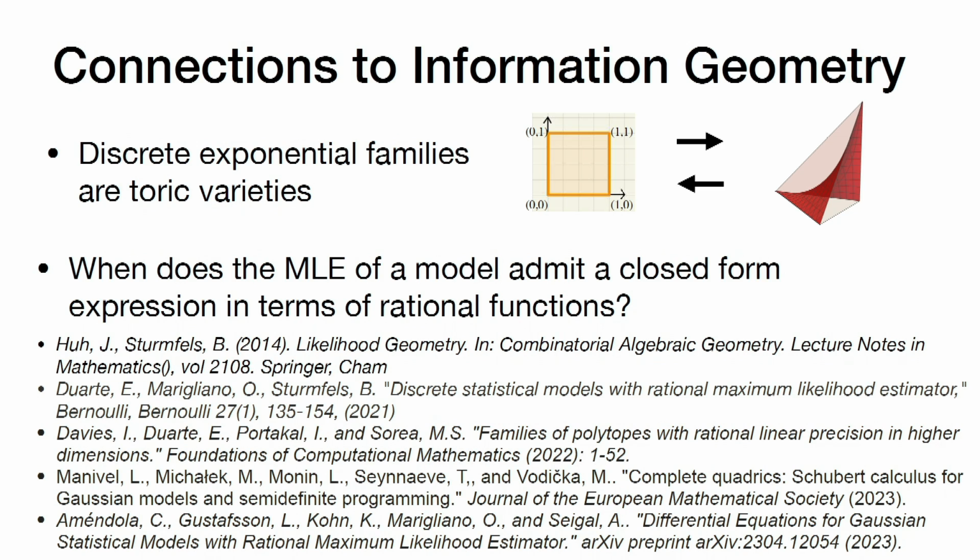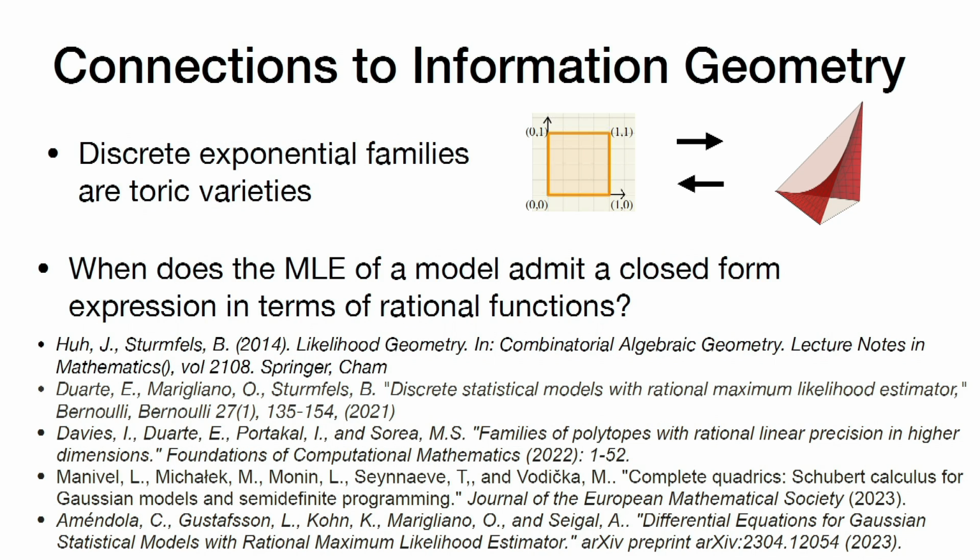Okay. Later we picked up on the work of Junhe, and what Junhe did was classify general algebraic varieties that have this property. Later we specialized these results a little bit more to the case of statistical models. In a subsequent work, one of the theorems that I proved with collaborators is to give a classification of the two-dimensional toric varieties that have a closed form expression for their MLE.